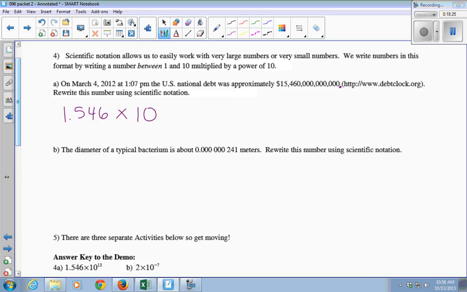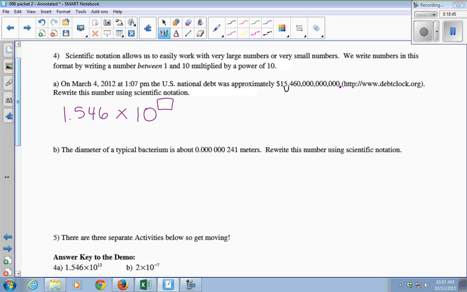And then I have to multiply times 10 to some power, right? And multiplying by a power of 10 moves a decimal point to the right. Every time you multiply by 10, the decimal point moves 1 to the right. So I have to figure out how many places I have to move the decimal point to the right to actually make 15 trillion.